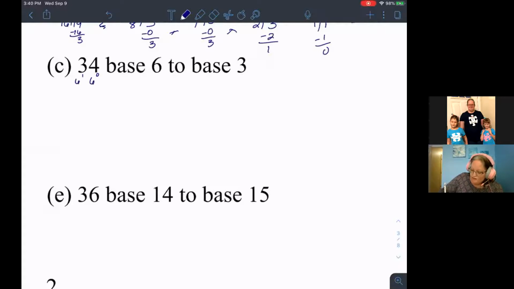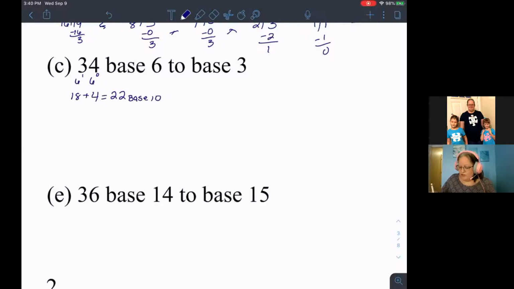So 1 times 4 is 4, and we add that to 6 times 3, which is 18. 18 plus 4 is 22. Now it's going to be in base 10.